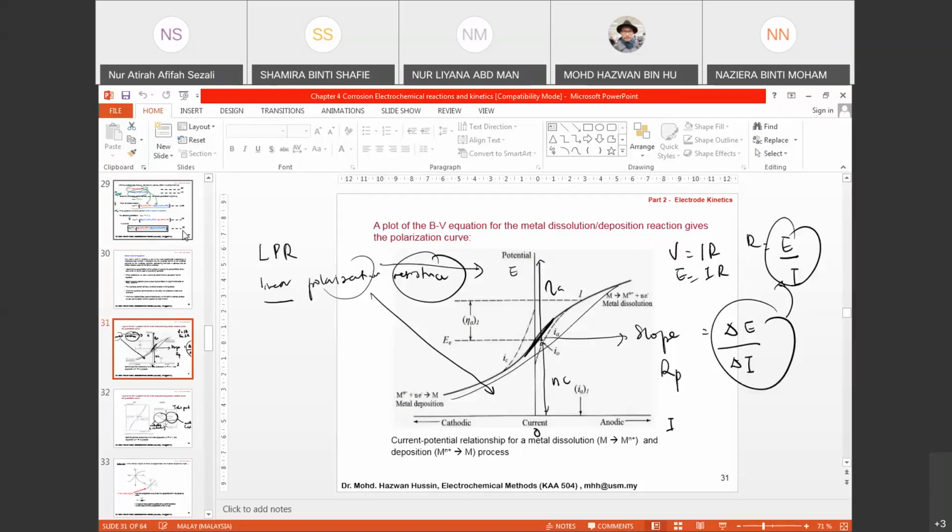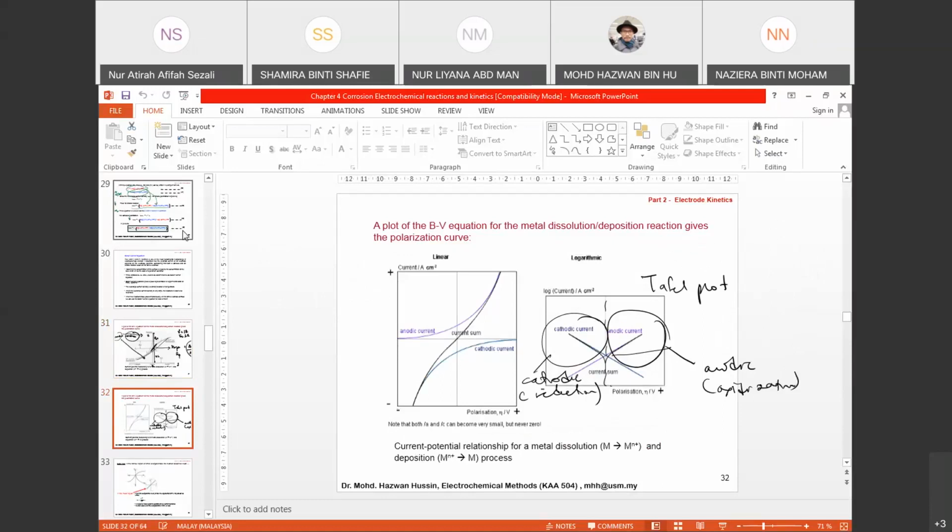It's basically potential versus current, or current versus potential plot. And apart from a linear plot, you can also make the current density into log, where you will get the so-called Tafel plot. For the Tafel plot, we are going to study more details in chapter 5, the last chapter, in potentiodynamic polarization methods.